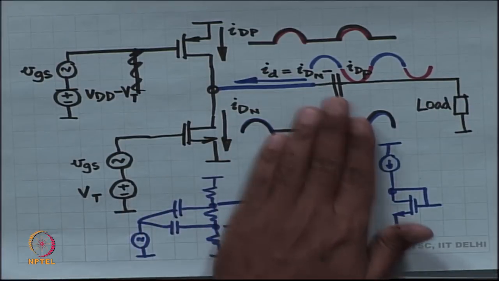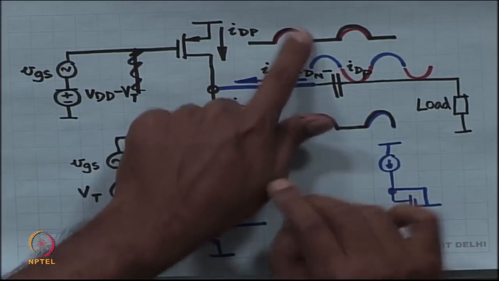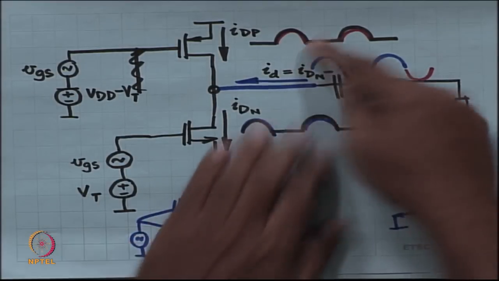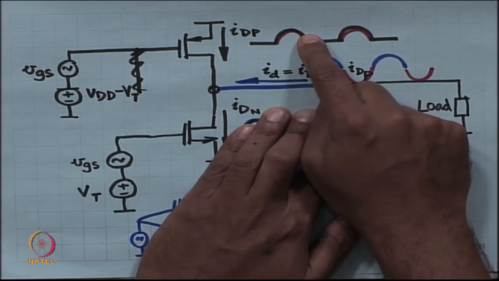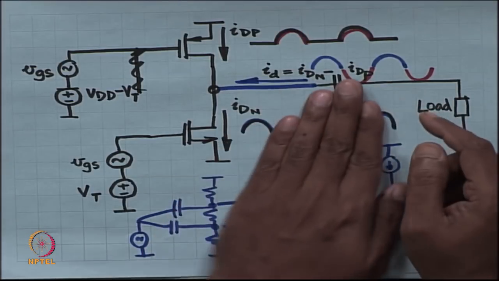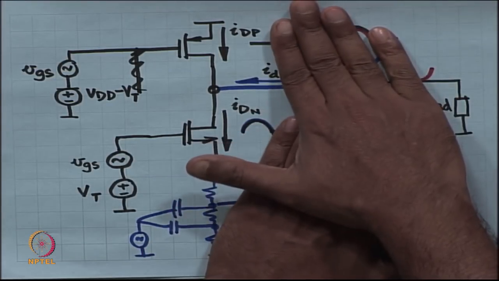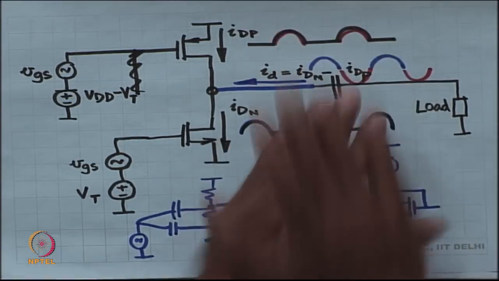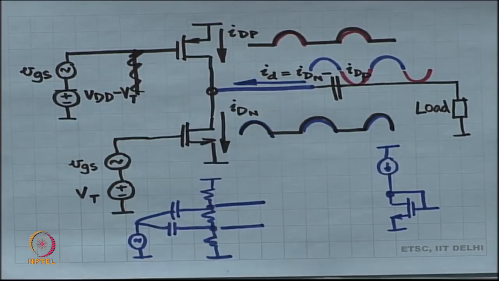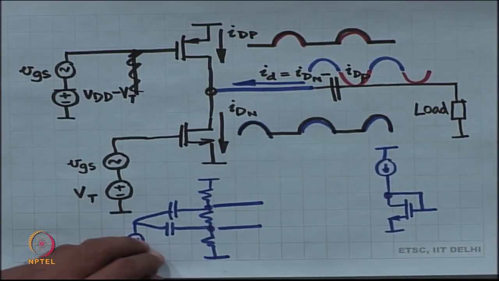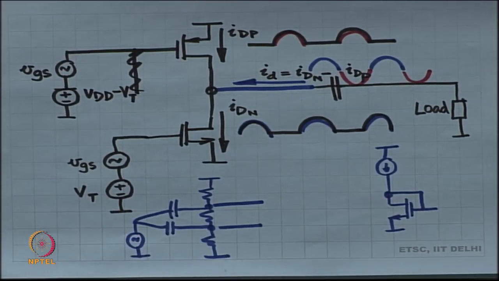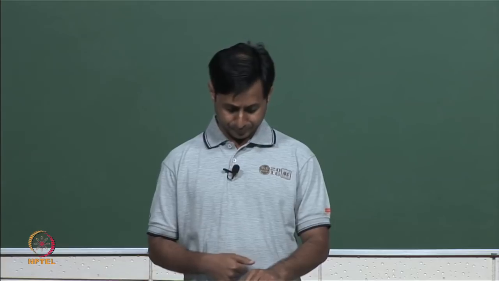During the second half cycle, only the PMOS is pushing power, the NMOS is off. During the first half cycle, only the NMOS is pushing power, the PMOS is off. Overall, it is class B in the first half cycle, class B in the second half cycle. Overall, you get a class B performance of something close to 78%, pi by 4.